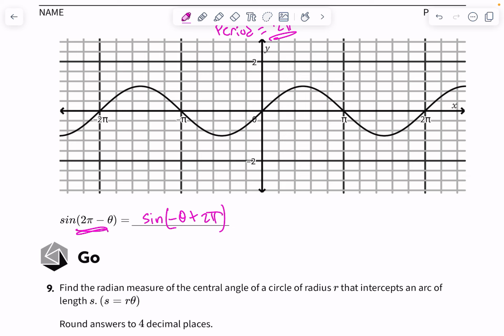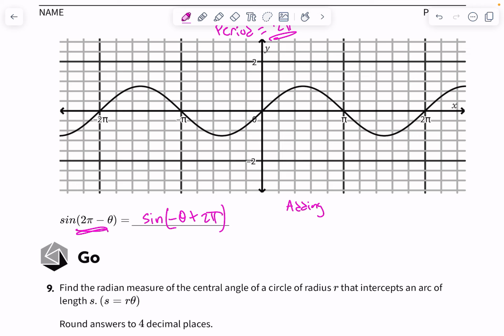So think about this as a negative pi. If I keep adding 2 pi, I'm going to end up at the exact same place.